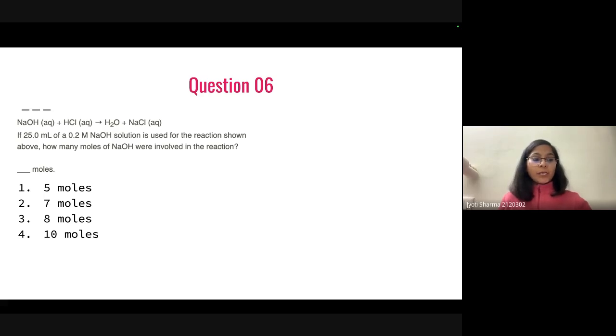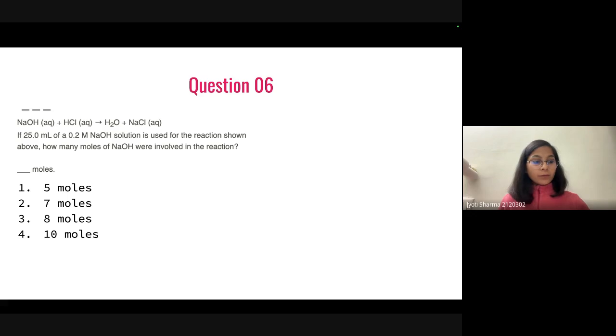And we know that the number of moles divided by the volume of the solution will give you the molarity.